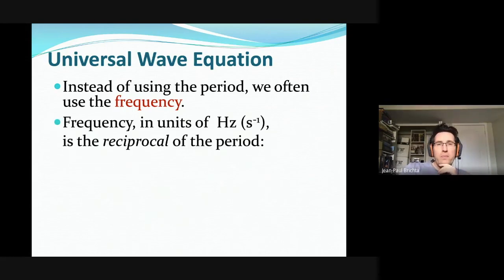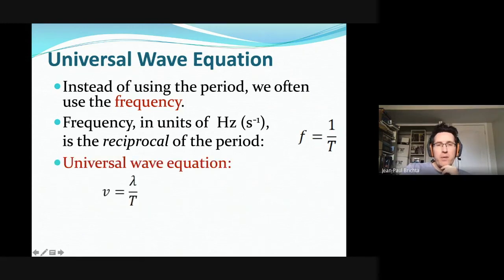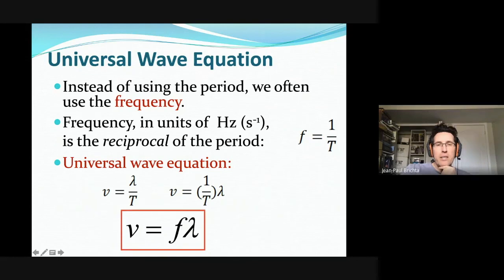And so if you remember that the frequency is the reciprocal of the period, then our universal wave equation starts off as this, but replacing the period with its reciprocal, frequency, we get this equation, right?